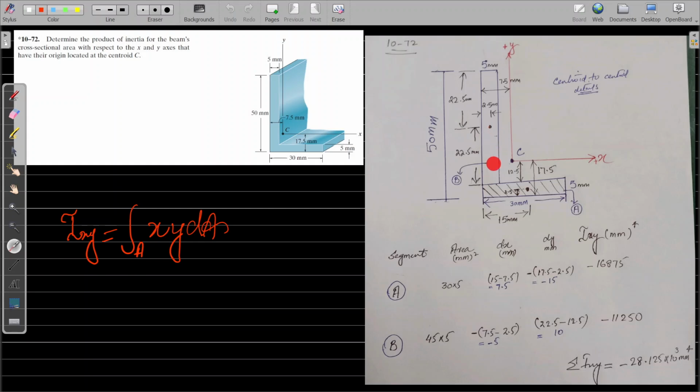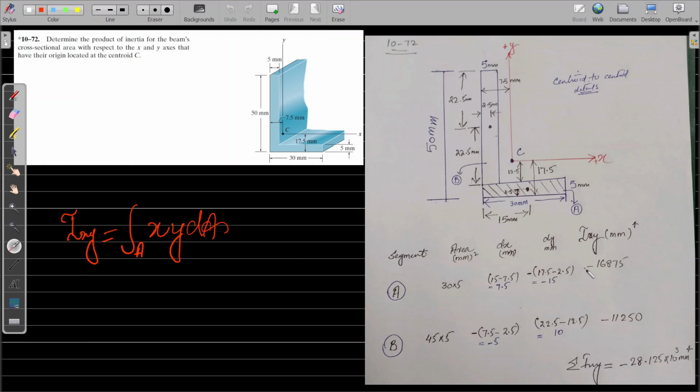Since this section height is 45, half will be 22.5, starting from this point to this centroid, and we subtract this height of 12.5. So it will be 22.5 minus 12.5, which is 10. You multiply the three values and you will get this.